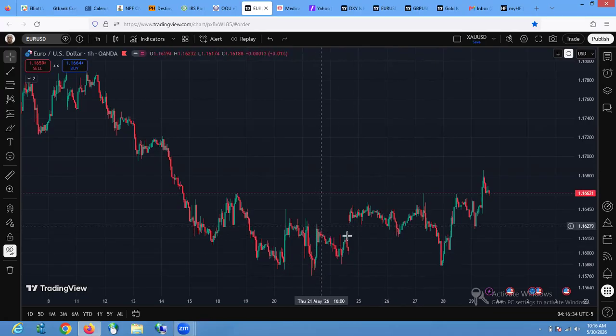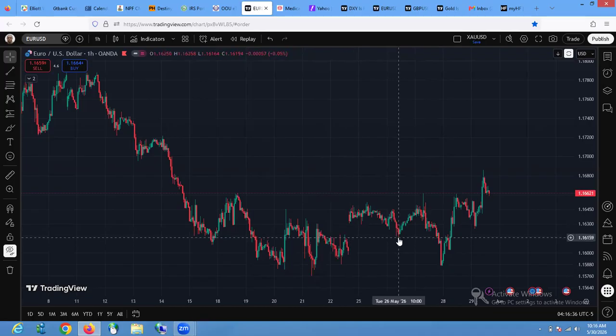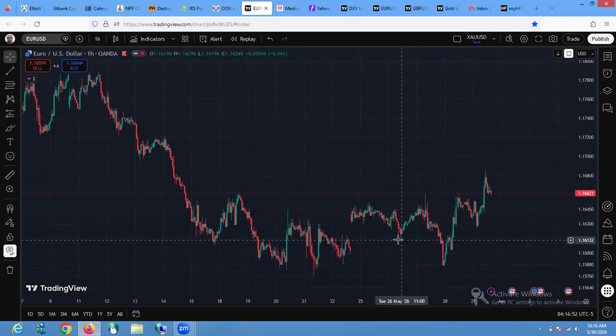The first move is wave 1, and in any diagonal, ending or leading, that's what you should expect. An encroachment that is even beyond 50%, it can be up as much as 61% at times. It can be as much as that, the retracement. So here we can see that encroachment. So 1, 2, 3, 4, 5.